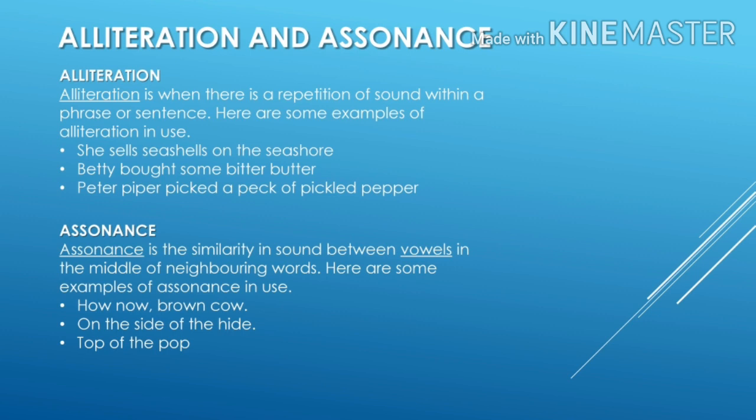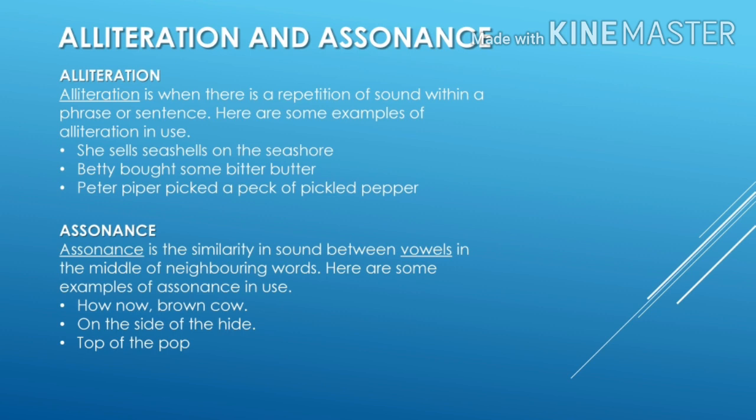Well, next we have assonance. Assonance is the similarity in sound between vowels in the middle of neighboring words. Here are some examples of assonance in use. To make it more clear, how now brown cow. In every word in this example, in the middle you have the vowel O, and hence it is being repeated.